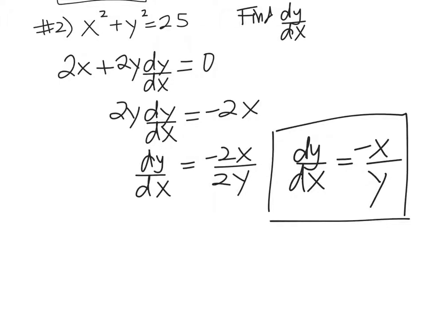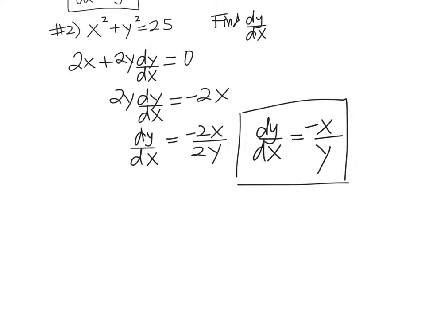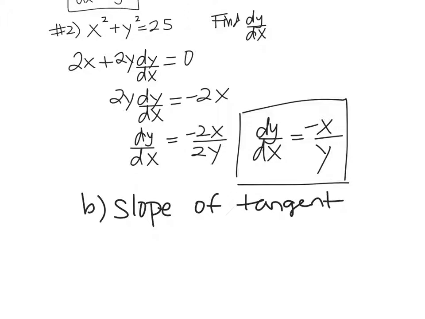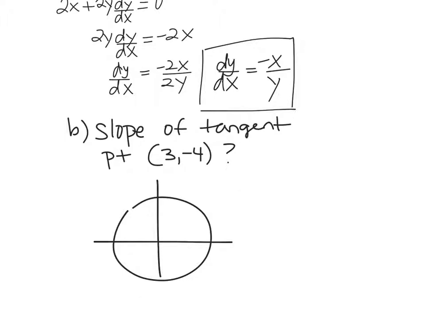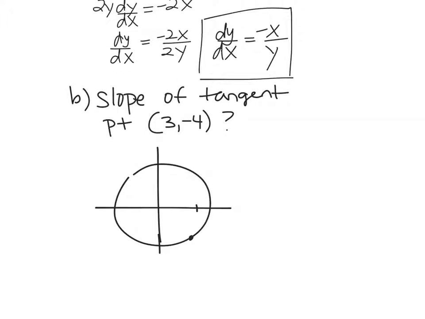Then I could ask you a question like this: what is the slope of the tangent at the point (3, -4)? We have a circle with radius 5, and at the point (3, -4), right here, we're trying to find the slope of the tangent, which would be that line right there.